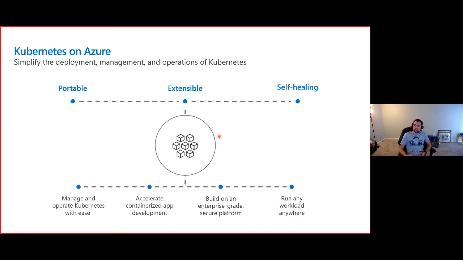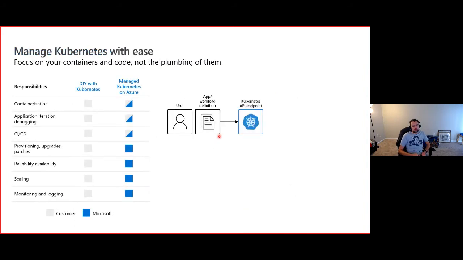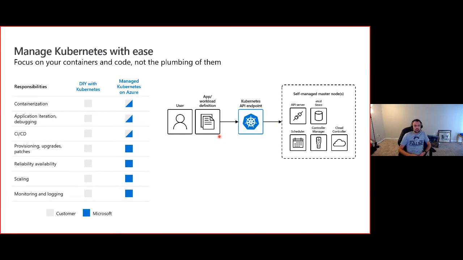But if we talk about the management and ease of running Kubernetes on Azure, if you set up your own Kubernetes cluster, there's a whole lot of responsibilities that you as a customer need to take on.